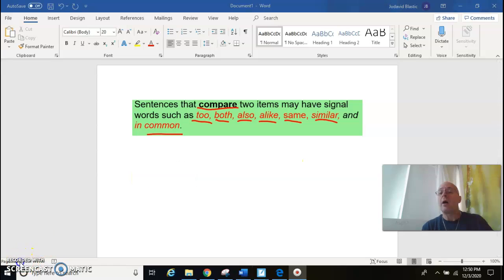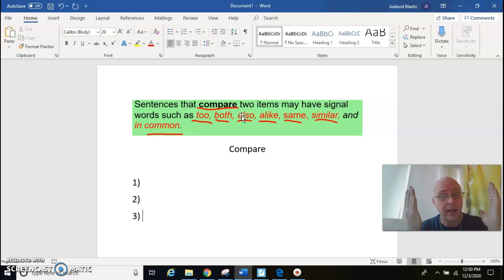All right, here comes your part of today's work. You can pause the video here if you want. I have your words underlined right here. I would like you to write at the top of the paper somewhere the word compare. Then you're going to come down and write 3 sentences. I want you to pick 3 different clue words and compare 2 different things.